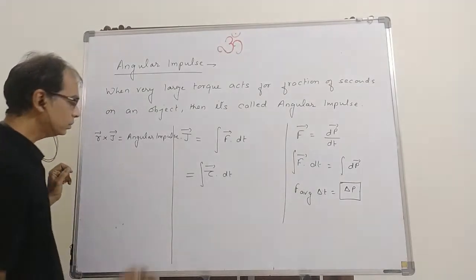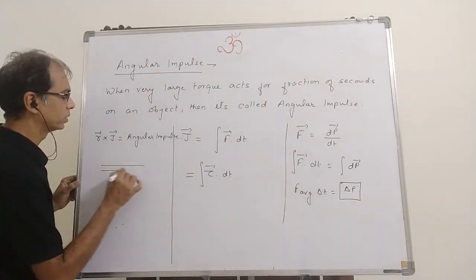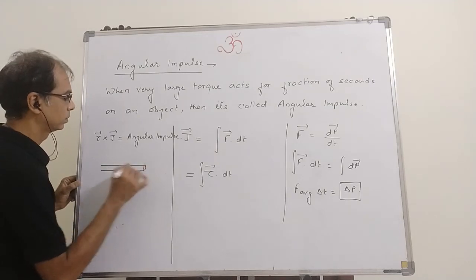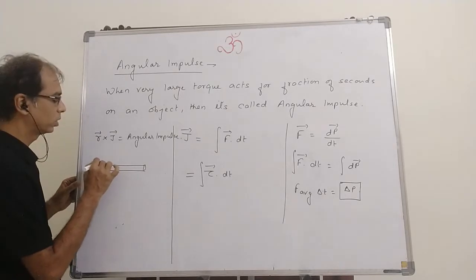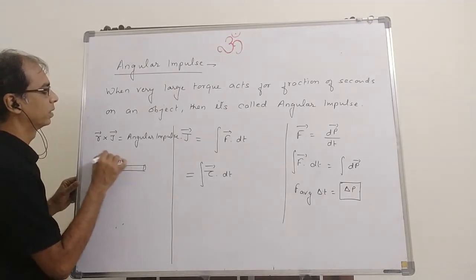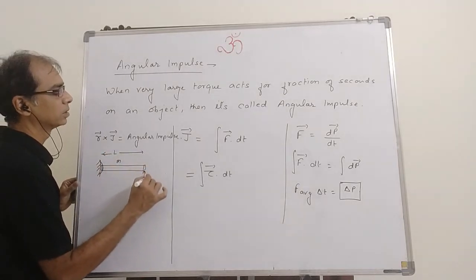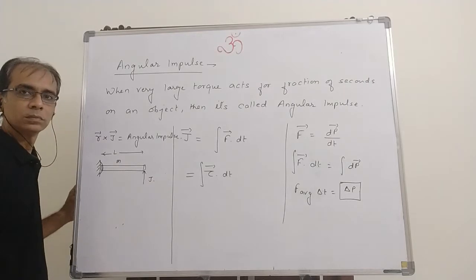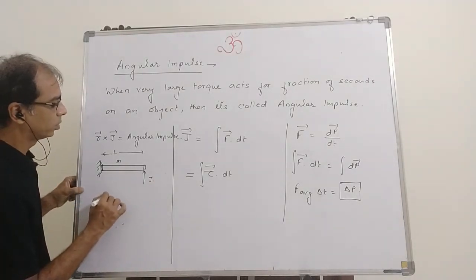Okay. Let's suppose I give you an example, and in fact we'll do a question also on this one. If suppose this end I say is hinged, okay? This is a rod, mass m and length L, and here apply an impulse J. So if I have to find angular impulse, then I will say that angular impulse is basically what?